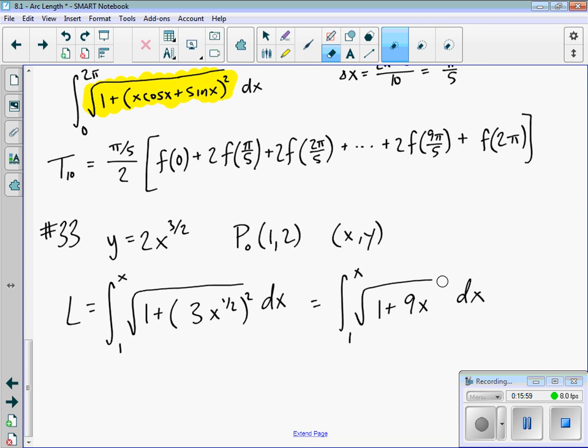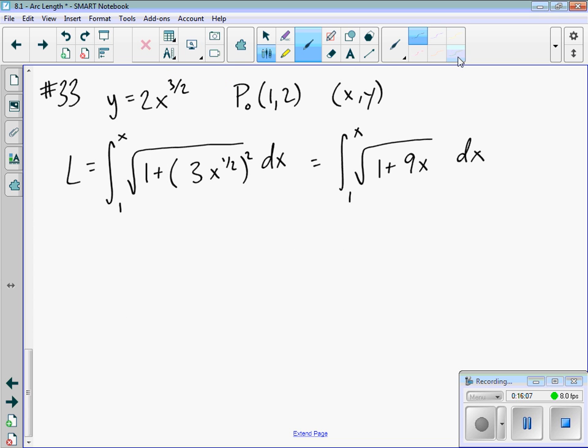Okay, you can put it to the half, and then if you want to, you can do a u substitution if that makes it easier for you. You can try it without and compare to a u substitution. If you're doing a u substitution, what would your u equal? 1 plus 9x, and I shouldn't use x's in here because I'm going to x here, so those are t's.